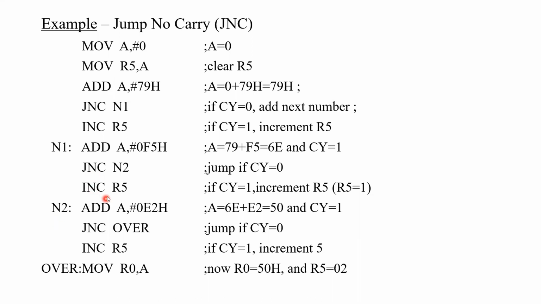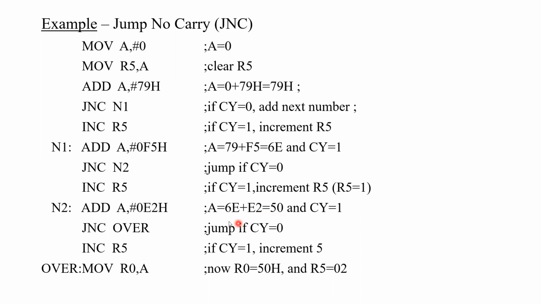Which is the next instruction we have? INC R5. Before this, you can see R5 has a value of 00. Since we are performing increment R5, the R5 value will be incremented by 1, so that R5 will have a value of 1. Next we have ADD A, #0A2H. Again you are adding the contents: the accumulator has 6E plus A2, which is equal to 110.